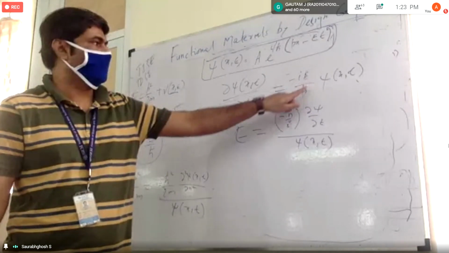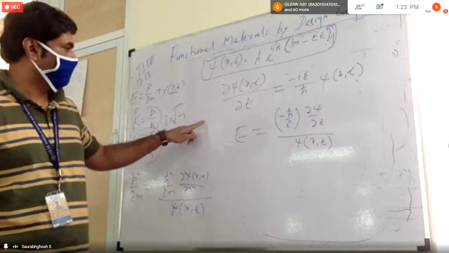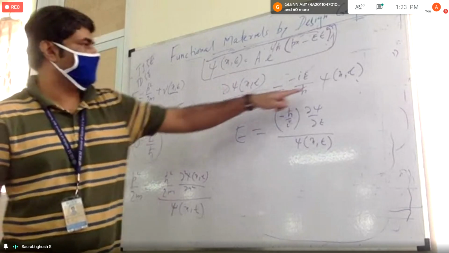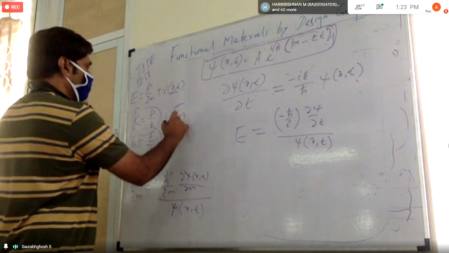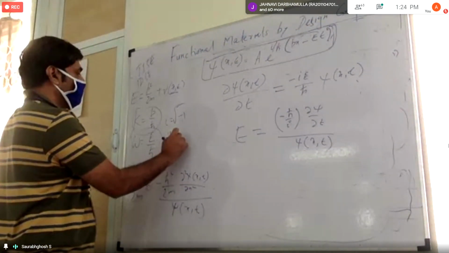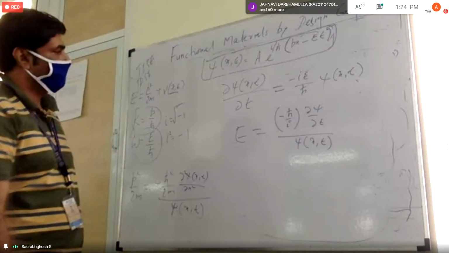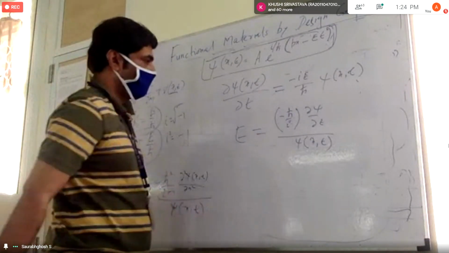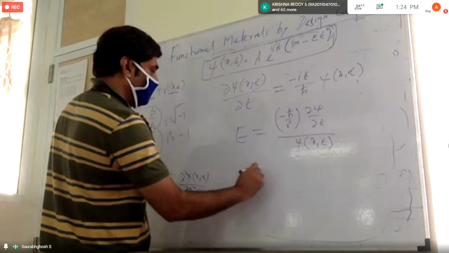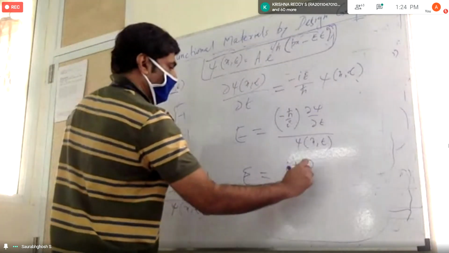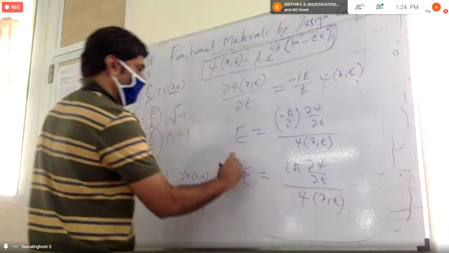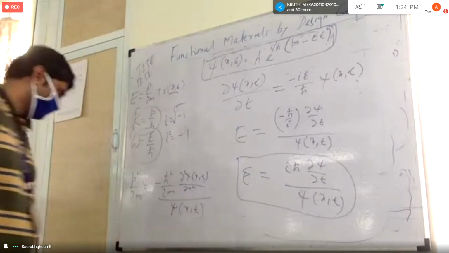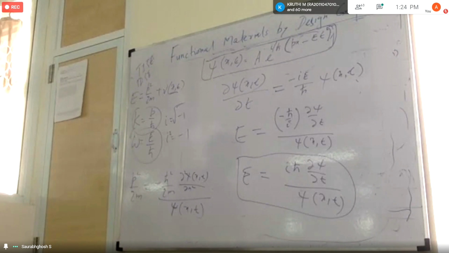We are getting E from here. Now i equals 1 over minus i, so i squared is equal to minus 1. If you replace this minus 1 by i squared, then i gets cancelled, and you have E equals i h cut del psi del t divided by psi of x,t. Correct? Any doubts?